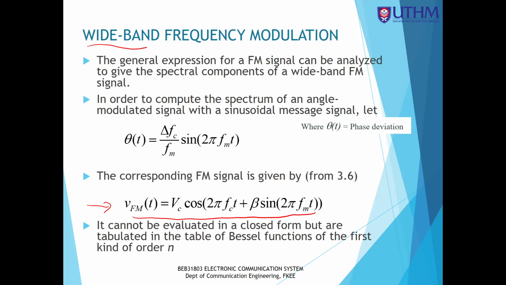Now the issue is, how big is the bandwidth? It depends on the value of beta. So it does not have a specific bandwidth, and we need to determine the bandwidth based on the given beta. If we know the beta, then we can calculate the bandwidth. So how to do that? We can use the Bessel function to determine the bandwidth.